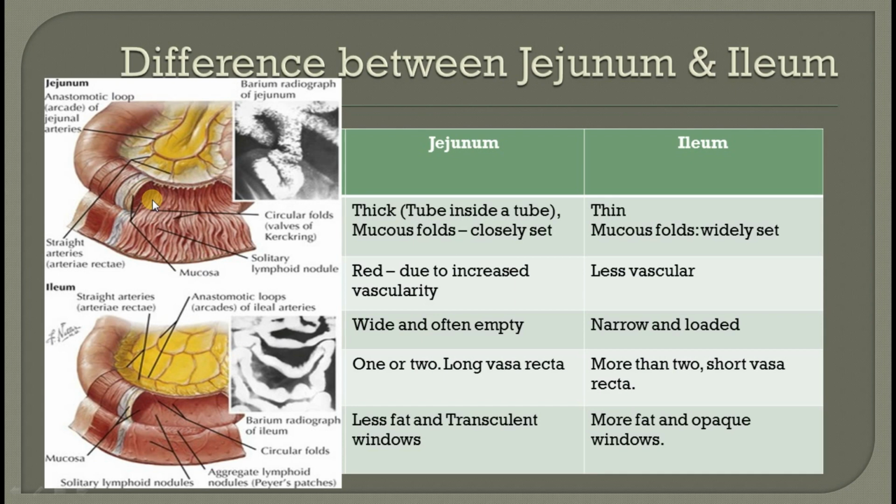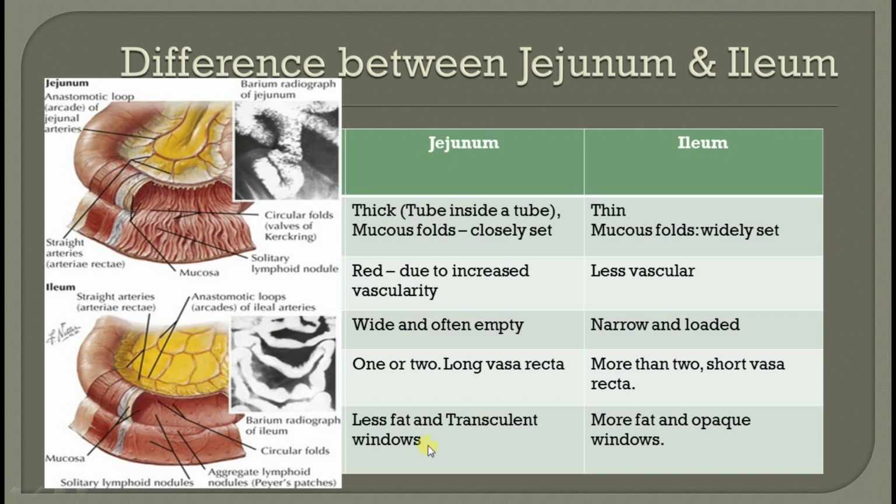The caliber of the lumen is somewhat wider as compared to the lumen of the ileum, and it is empty, as the food passes, most of the time it remains empty. Whereas the ileum is narrow and loaded because there is the ileocecal junction. At the terminal part of the ileum, the contents have to be regulated into the cecum.